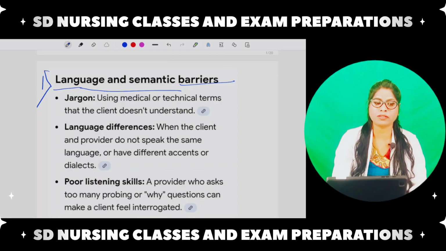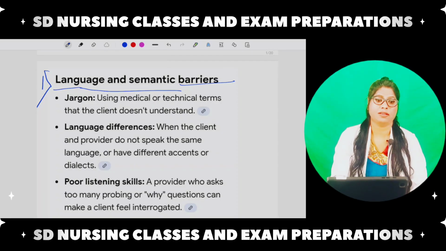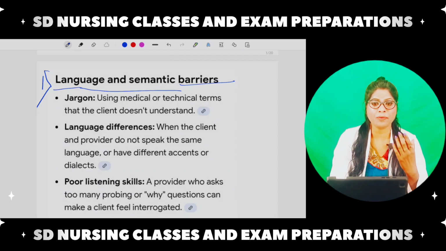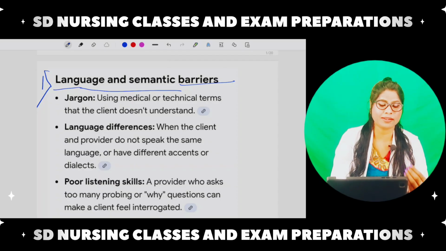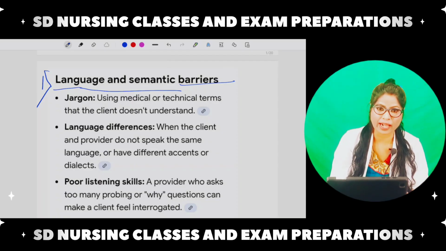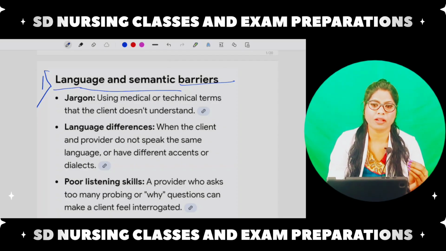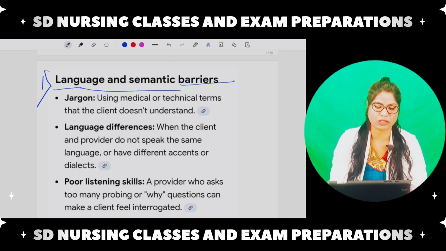Language is most important to communicate with anybody. If both the sender and the receiver are not understanding each other because of language, it may create a barrier which will affect your communications.